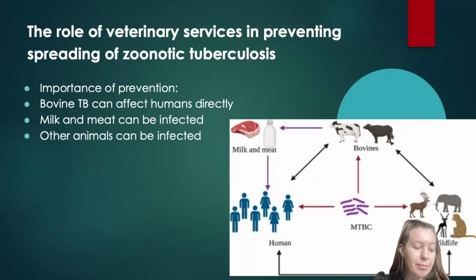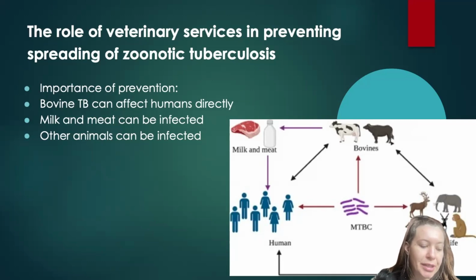Secondly, some of the developing countries lack proper legislative regulation and control mechanisms to prevent spreading of TB. Moreover, in some countries, a lack of skilled professionals is observed, along with the low assessment of the importance of zoonotic tuberculosis in the animal and in public health sectors.